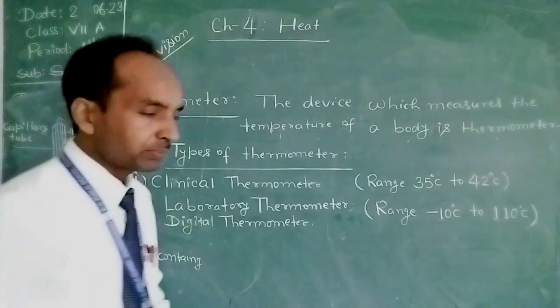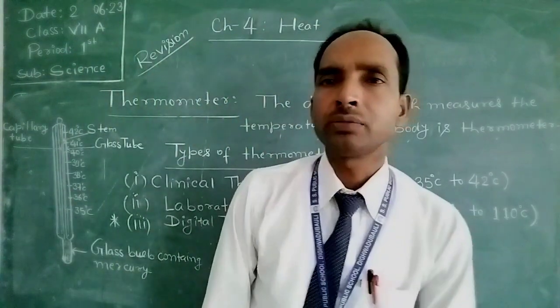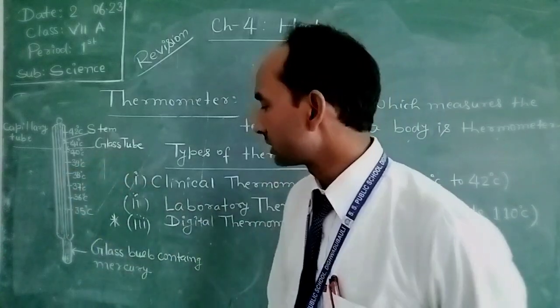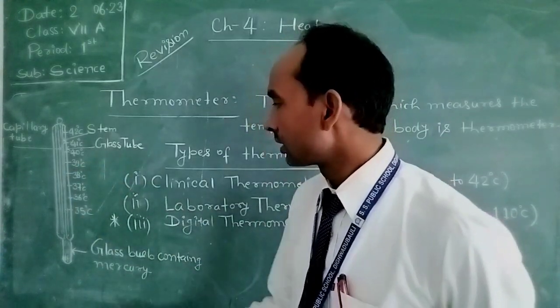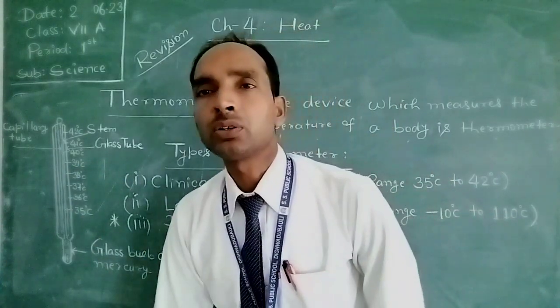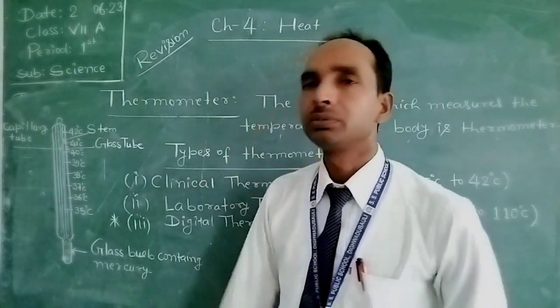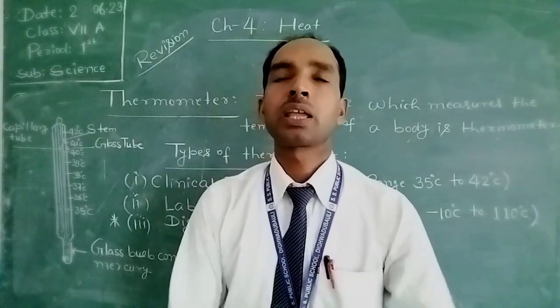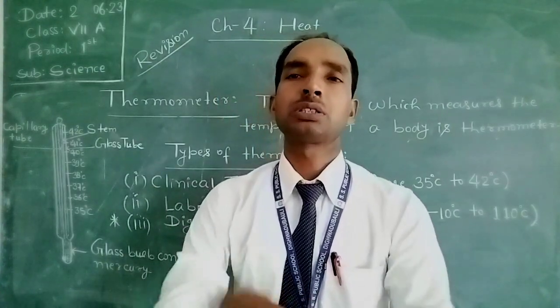Now a problem occurs when the clinical thermometer breaks. What happens? Because in the glass bulb there is a substance called mercury, and mercury is a toxic substance.